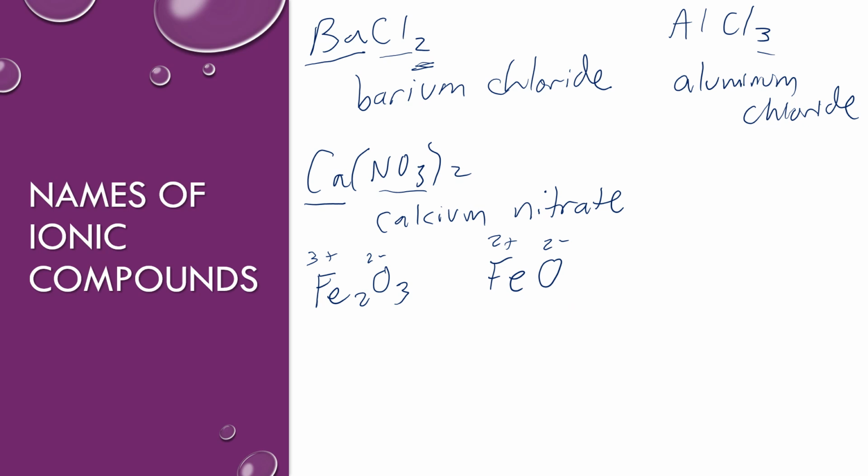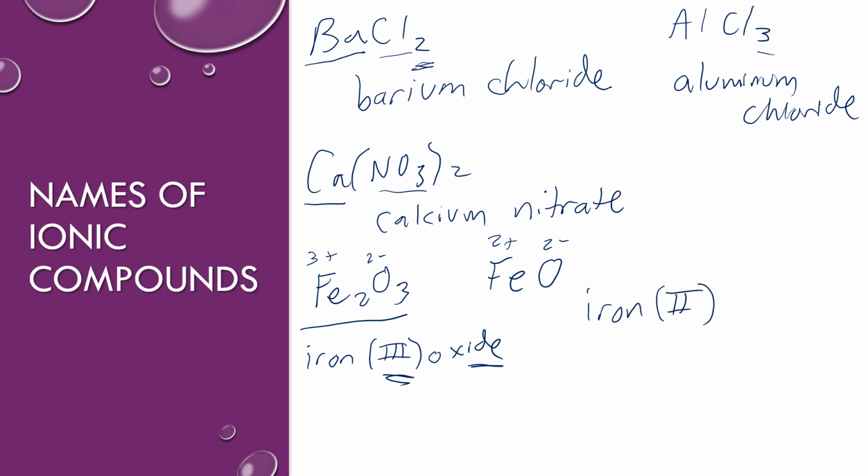And so in their names, this first one would be iron(III) oxide. You still change the ending of the nonmetal to "ide," but the Roman numeral 3 tells us that it has a +3 charge on the iron. Our other compound here is iron(II) oxide because the charge on the iron is 2.